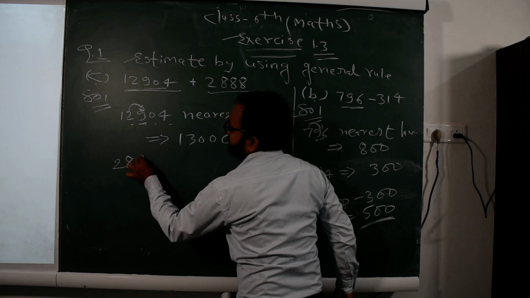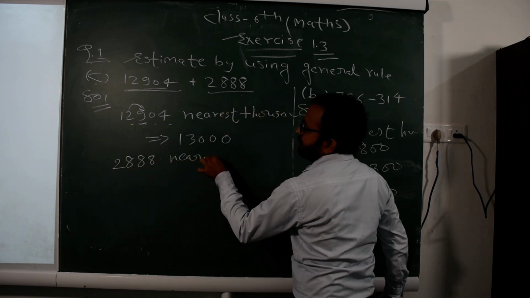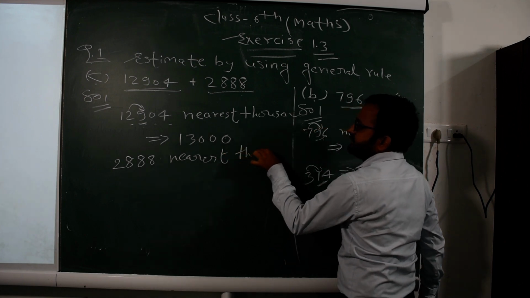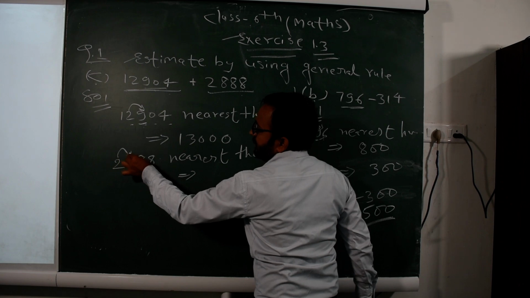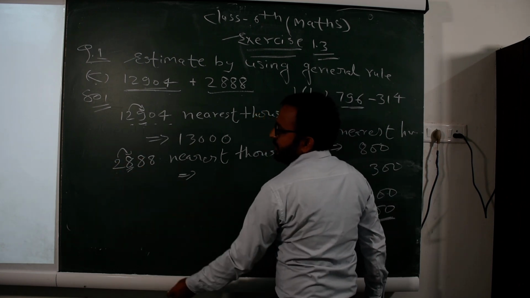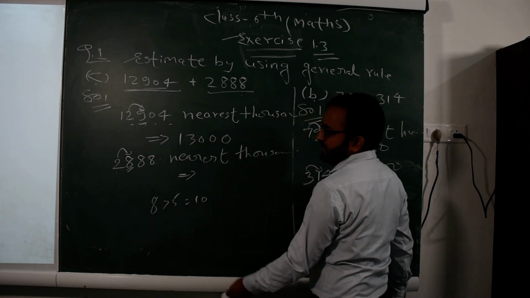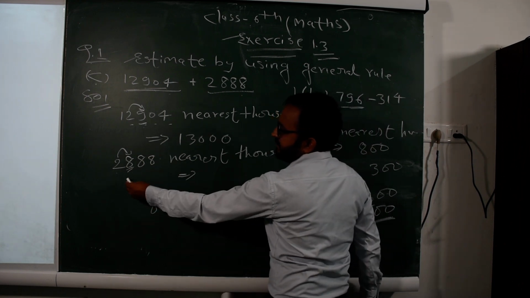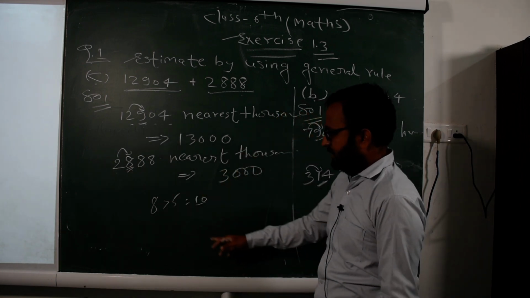Same is 2,888, nearest thousand. Again we change this value, to the nearest thousand, that means 8 is greater than 5. Again we consider it as 10. Now we change it to 3,000.